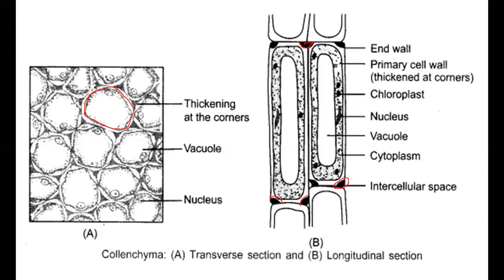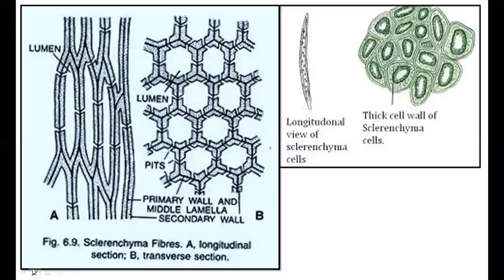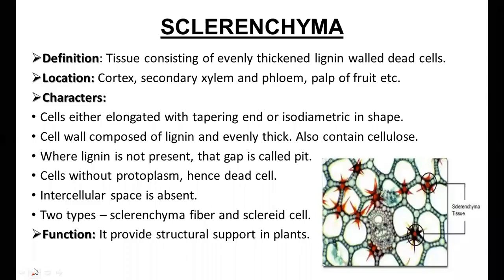So the intercellular space is filled by the secondary cell wall. That is why hemicellulose and pectin are present in the case of collenchyma. Now we move to the next part, that is sclerenchyma. This is the third type of cell in permanent tissue.